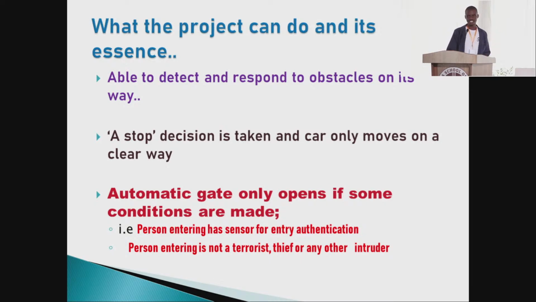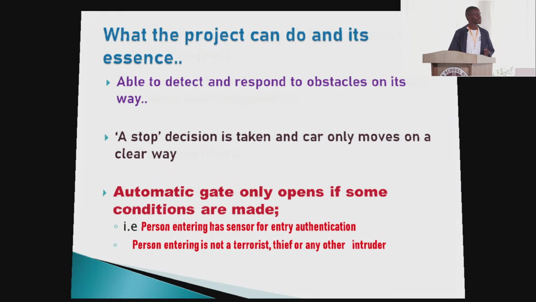Then what about the expert car system? The expert car system has sensor technology, which will be detecting obstacles on the way. If the obstacle is not removed from the path, it will not continue until the obstacle is cleared. With that, we'll minimize accidents on the roads and others.